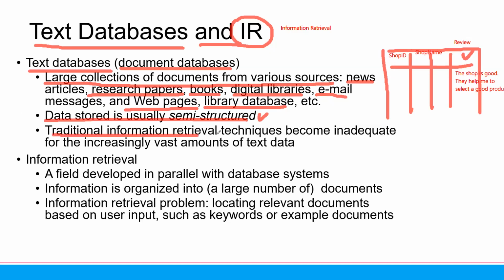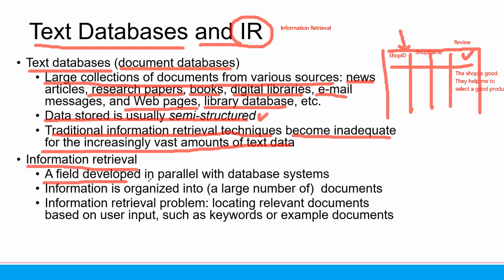Traditional information retrieval techniques become inadequate for the increasingly vast amounts of text data. Nowadays, people tend to have other text databases, not using this kind of table, but their own ways to save the text. So in data mining for text, there is a particular domain called information retrieval.